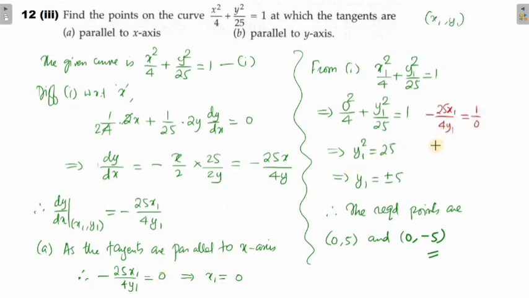Now reverse this, and by cross multiplication you get 4y1 equals 0. So y1 becomes 0, and similarly substitute out here, you get two values for x1, and you can find the two specified points. So pause the video and note down your solution.